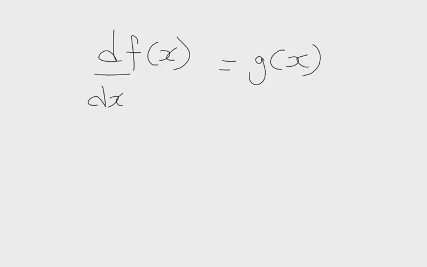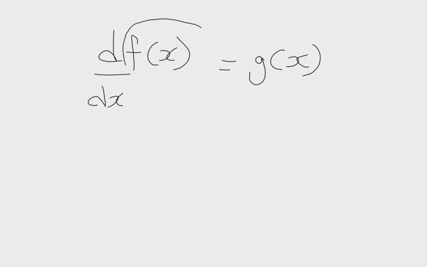Now, imagine that you have a function f of x whose d/dx gives g of x. Okay? Now, in this case, you see that d/dx of f of x is g of x. Okay, so g of x is also a function of x, but the derivative of f of x gives us g of x.